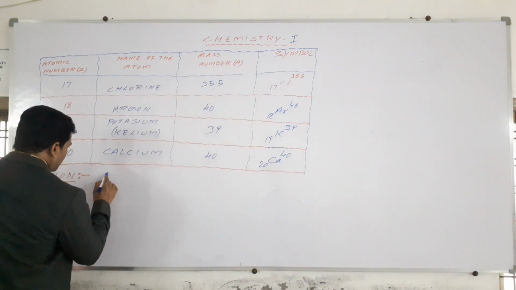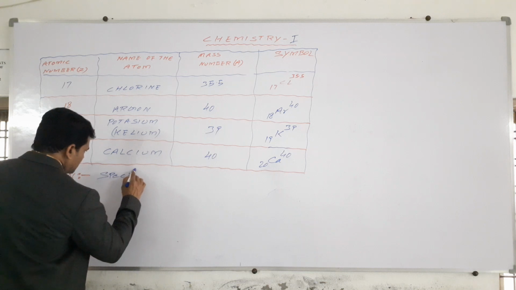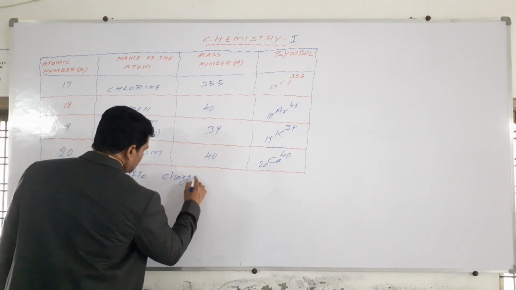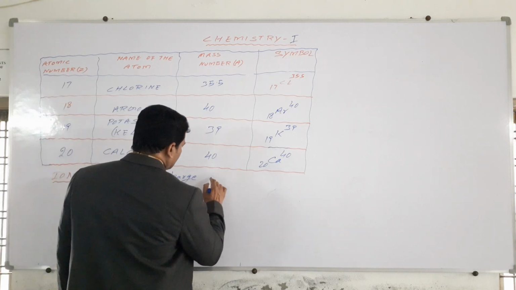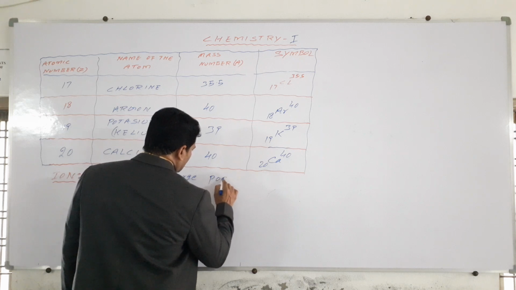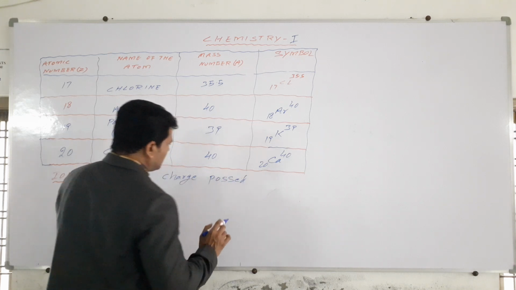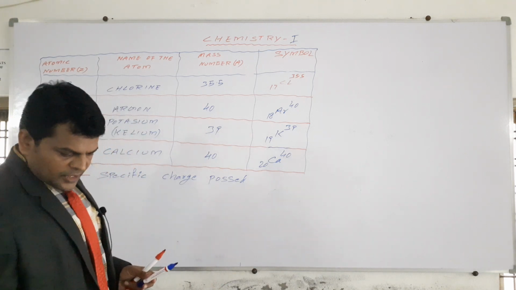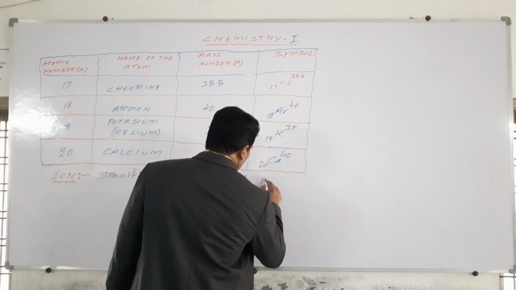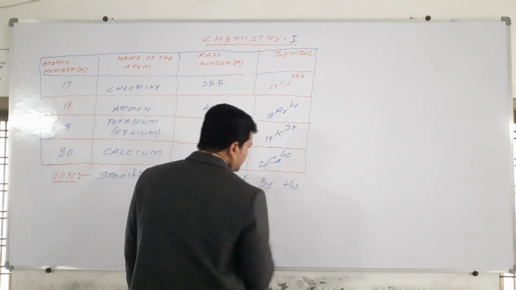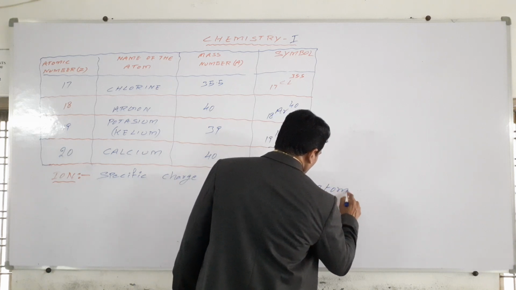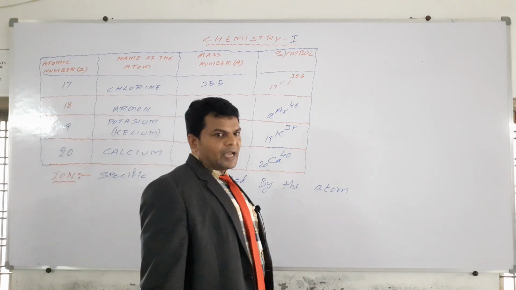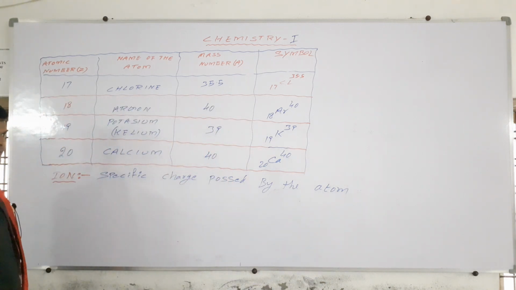Specific charge possessed by the atom is called ion.